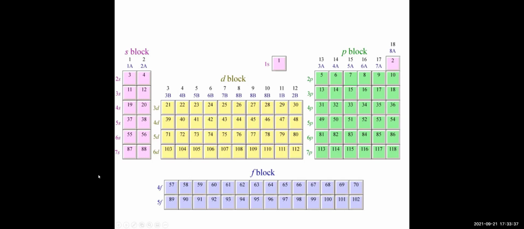And it gets a little tricky down here because it's saying we go from 6s to 4f. Then back to 5d because look at the numbers, 70, 71. Then back to 6p. So remember, these elements technically belong here, but we just don't have space. So we draw them down there. So that's going to be really useful for figuring out the order that they fill.